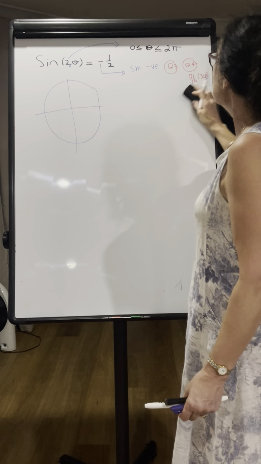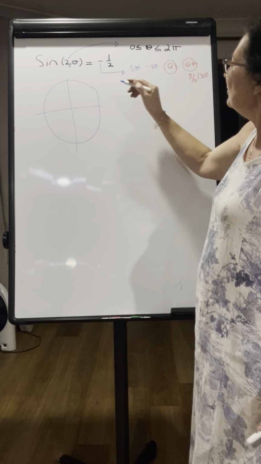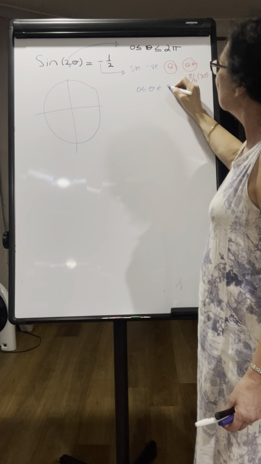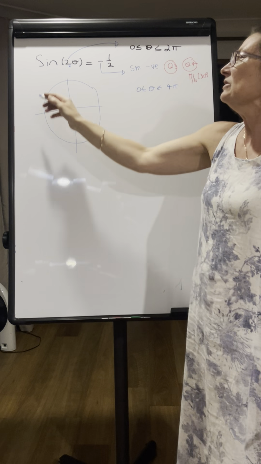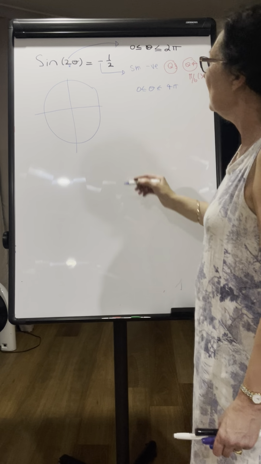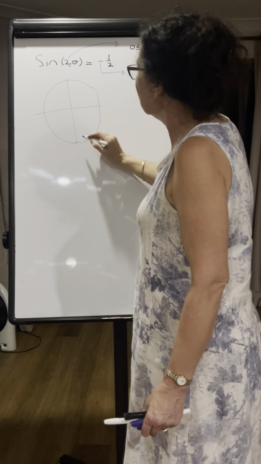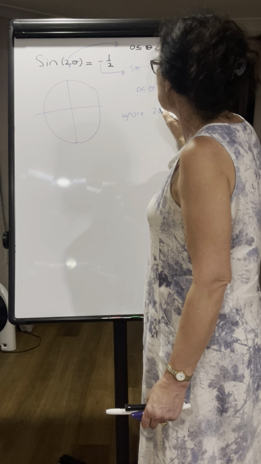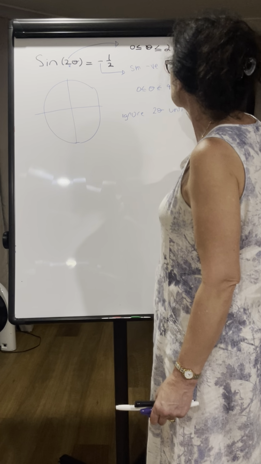So now we know that we have to find the solutions first in 4 pi, which is once around and once around again. And I'll show you those little tricks as well. So let's have a look. We're going to ignore the 2 theta until the end.